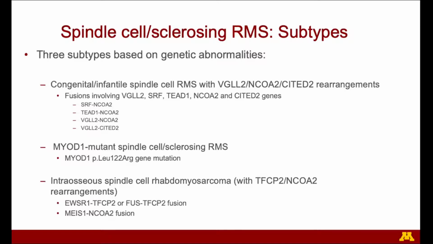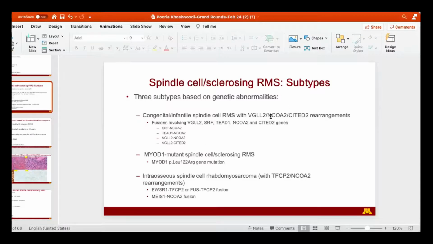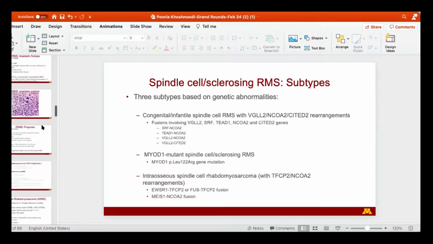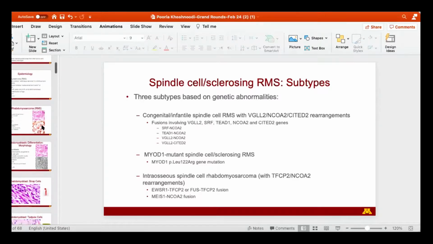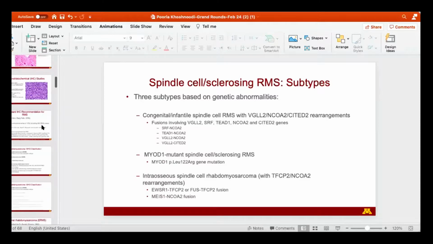Another important topic to cover about rhabdomyosarcoma is their association with other syndromes, like Li-Fraumeni, neurofibromatosis, and Beckwith-Wiedemann, for example. Those would be some of the major associations. Yes, so they are associated with.